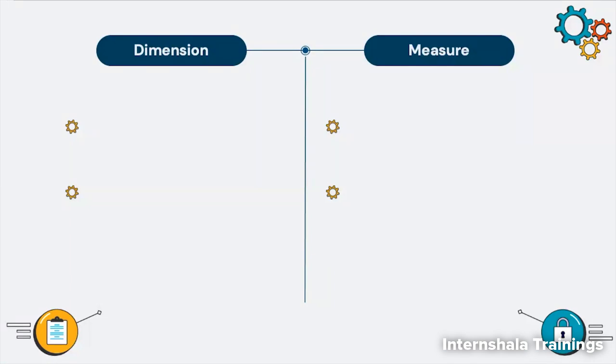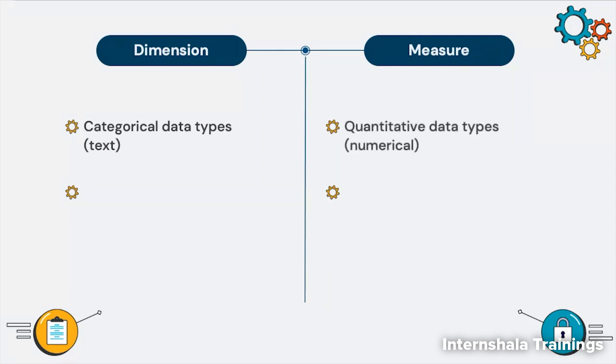Well, going ahead with dimensions and measures, the first point to keep in mind is that dimensions are categorical data types that define the structure of our data. They are mostly the text columns, whereas measures are quantitative data types that are usually numeric and represent the measurable aspects of our data.